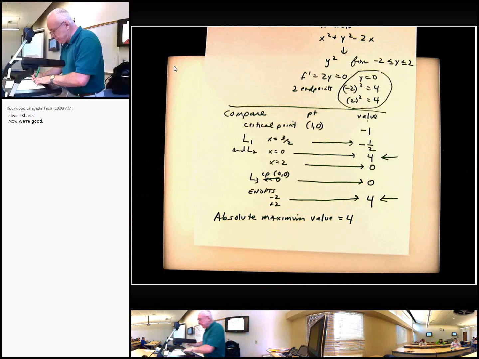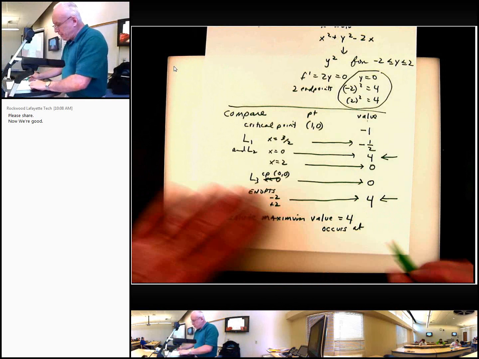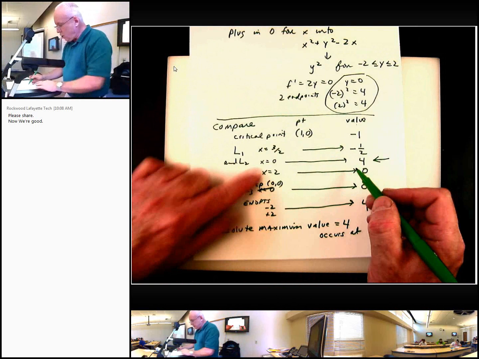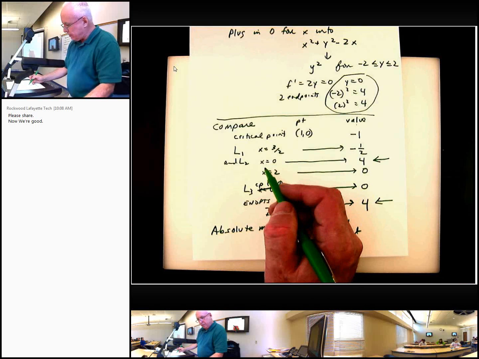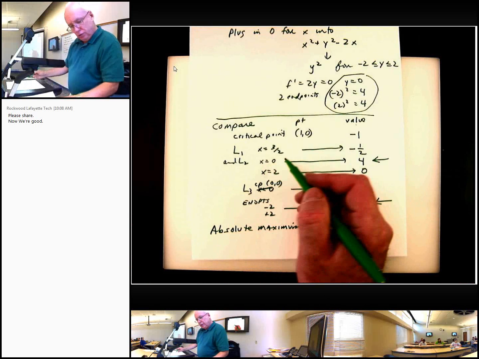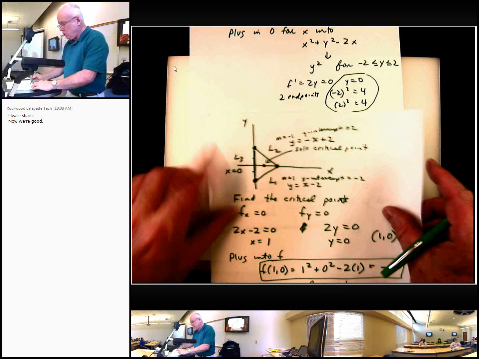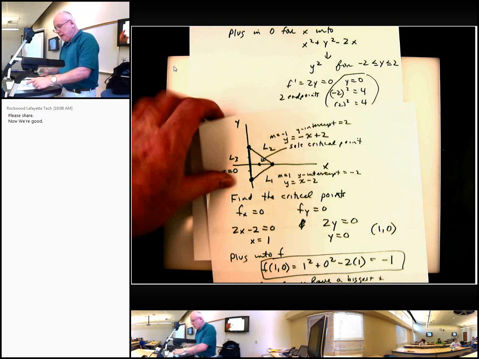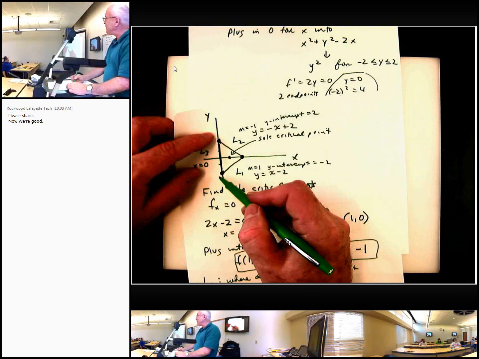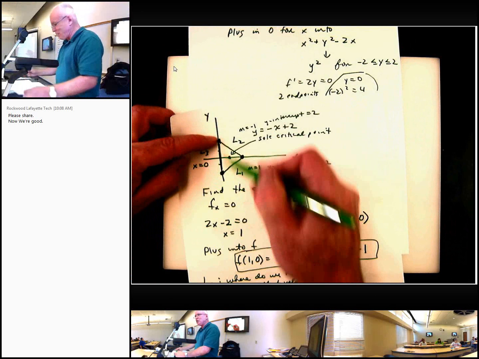And this occurs at, let's see, the 2 points we got here, on L1 and L2, that was actually when x was equal to 0, and we're going to find if that's the same thing as for L3, when we got the 2 points for L3.